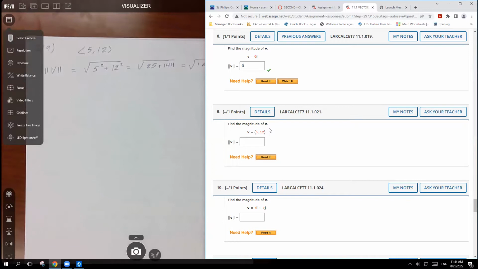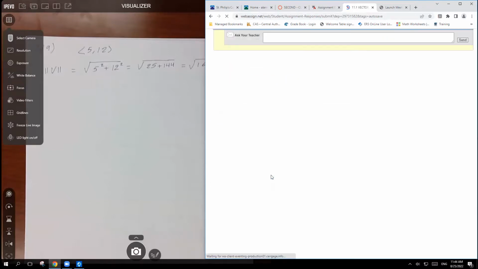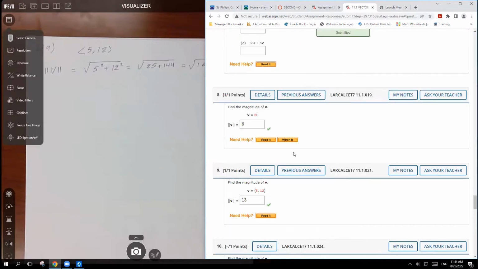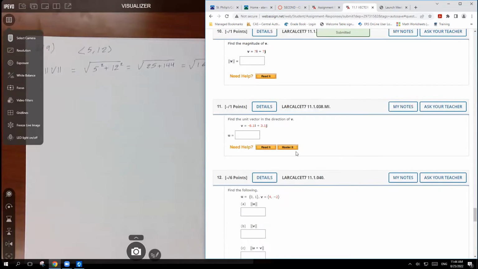Yes or no? 13. The same thing with the next example. Don't confuse yourself if you see decimal numbers. Take the first number squared, the second number squared, okay?